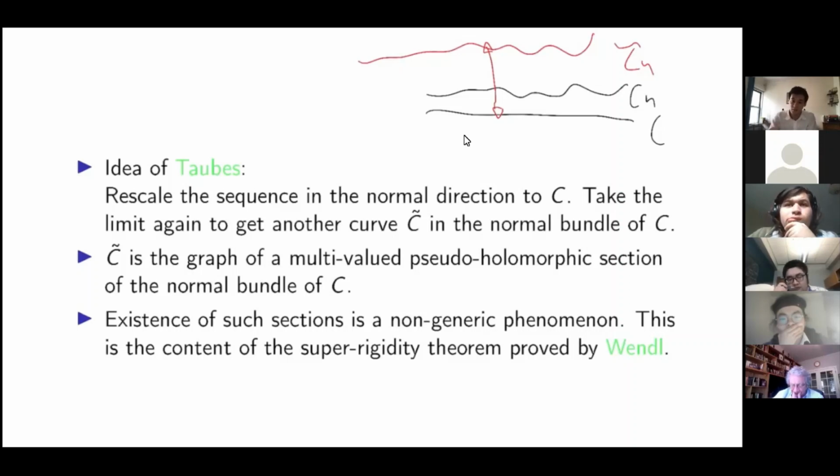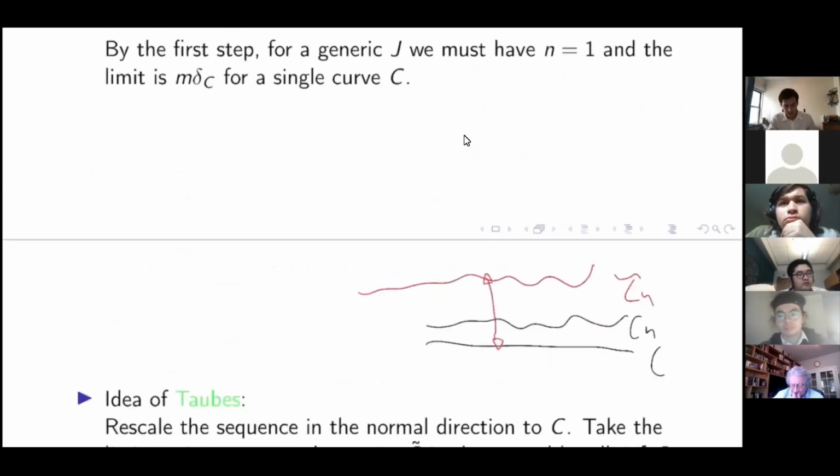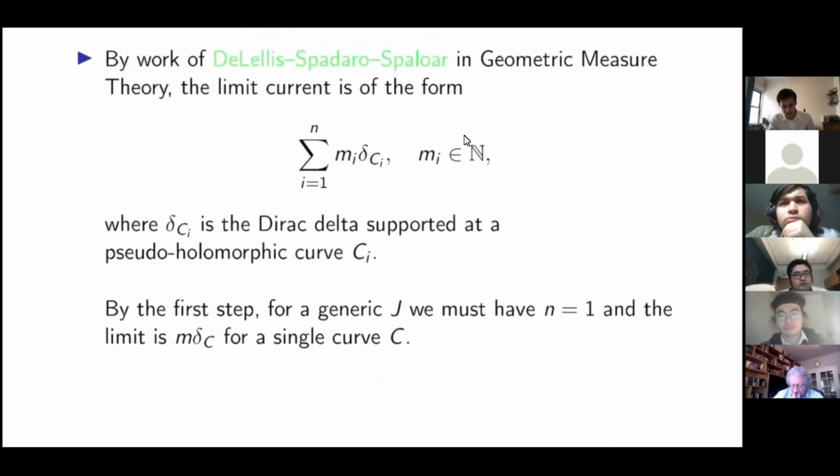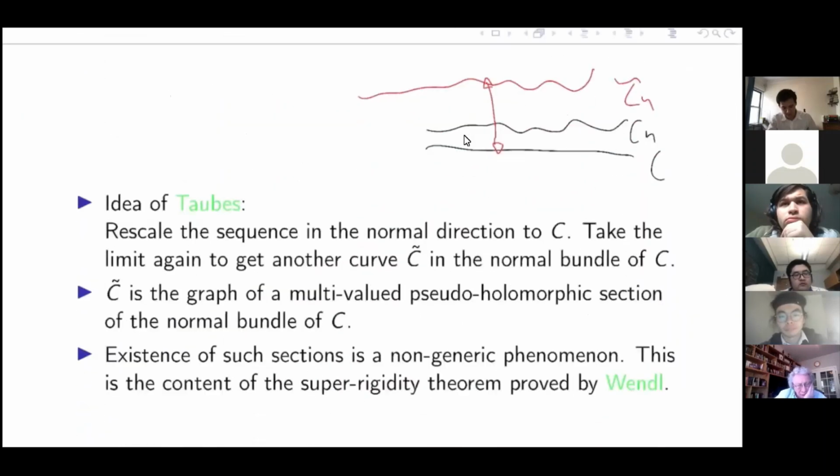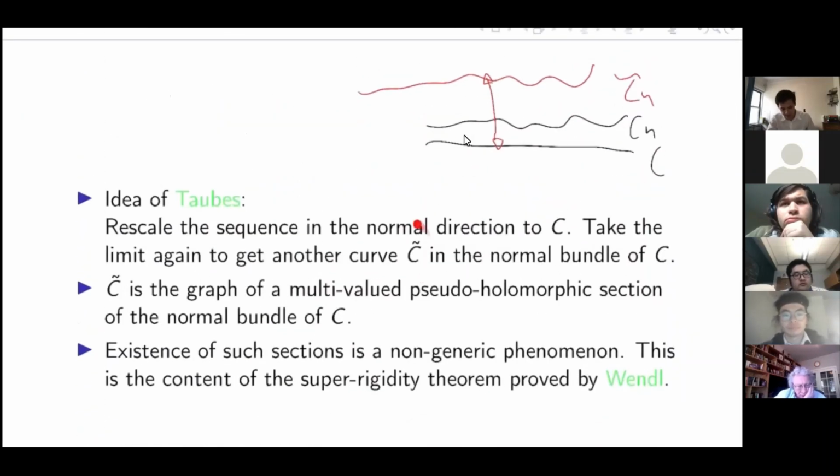After passing to a subsequence, there is a limit of this rescaled sequence. The limit will be a pseudo-holomorphic current with respect to a different almost complex structure, and by the same regularity theorem, it will be of this form. So in the limit, I get some other combination of curves, which I call C twiddle.